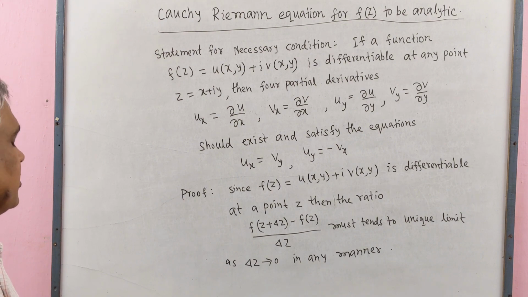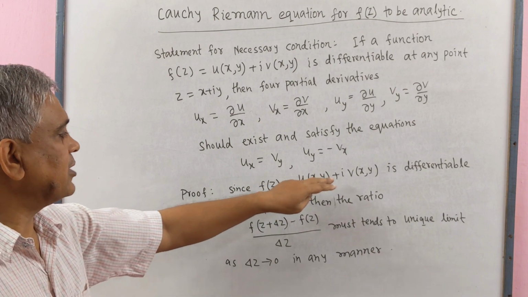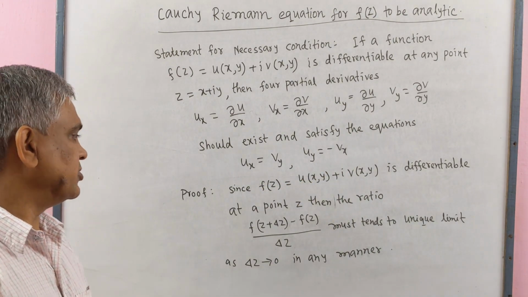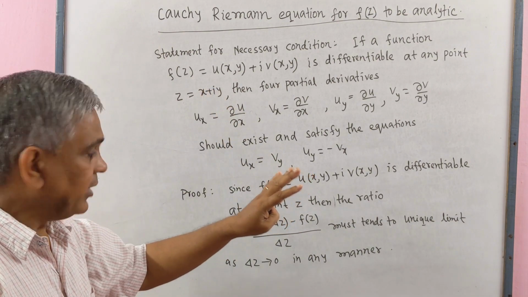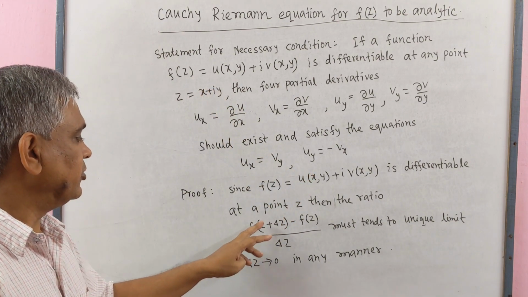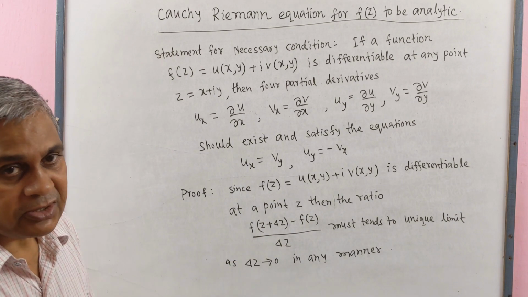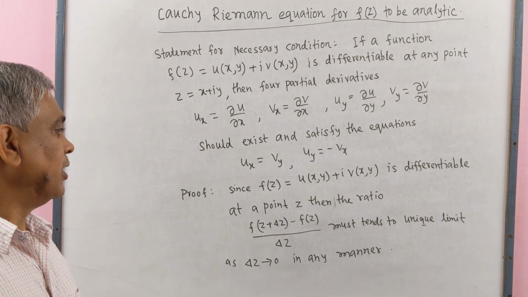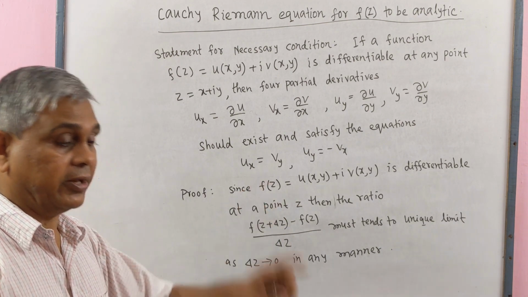Now we shall prove this. Since f z equal to u x y plus i v x y is differentiable at a point z, then the ratio f of z plus delta z minus f z by delta z must tend to a unique limit as delta z tends to 0 in any manner.